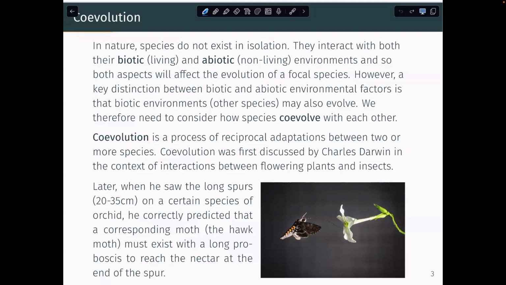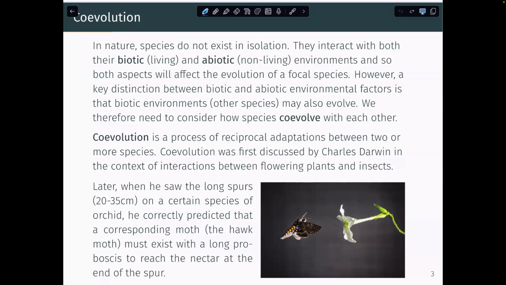So if we think about antagonistic interactions between hosts and pathogens or predators and prey, we might think of pathogens adapting to their hosts and then hosts adapting to their pathogens and vice versa. And this constantly changing environment can lead to really interesting dynamics and helps us to understand a wide range of biological phenomena.